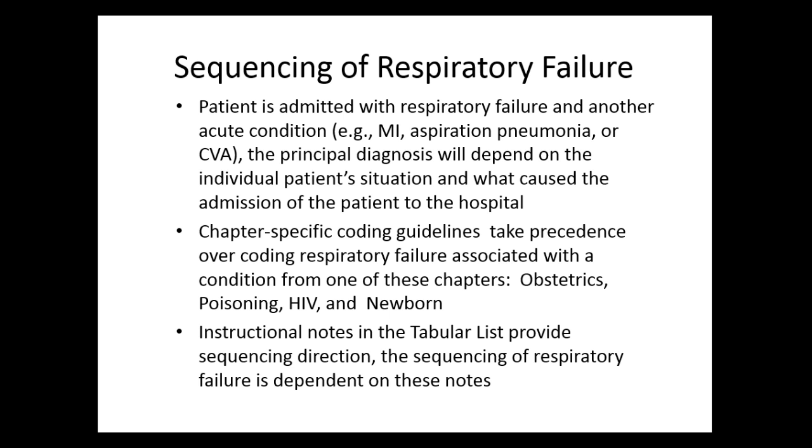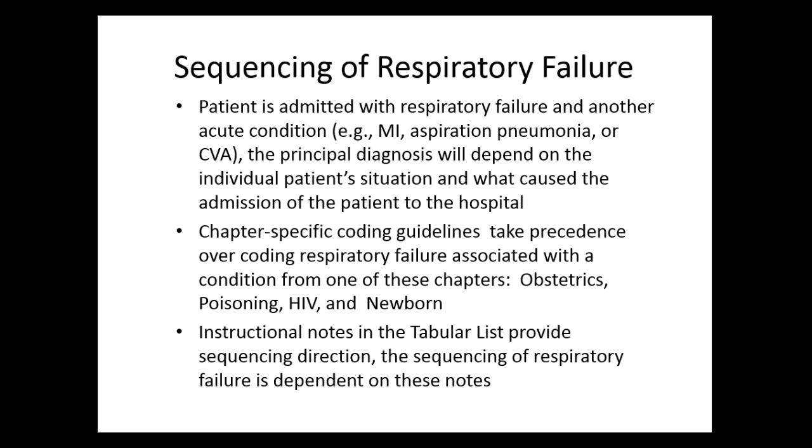The guidelines regarding two or more diagnoses equally meeting the definition of principal diagnosis, Section 2, Part 6, may be applied in situations when both the respiratory failure and the other acute condition are equally responsible for the admission to the hospital.